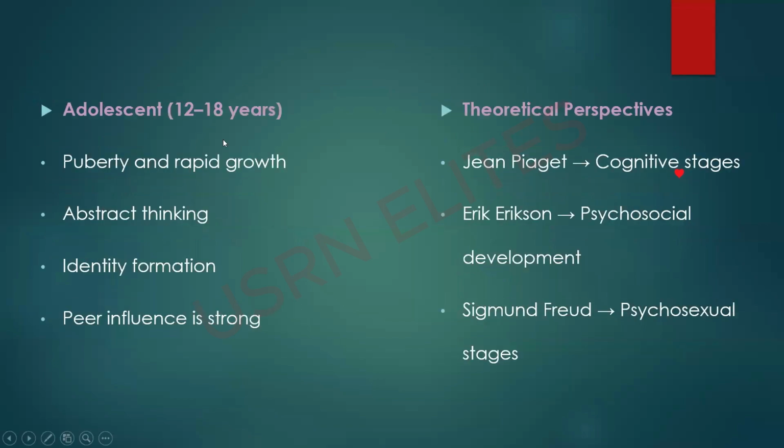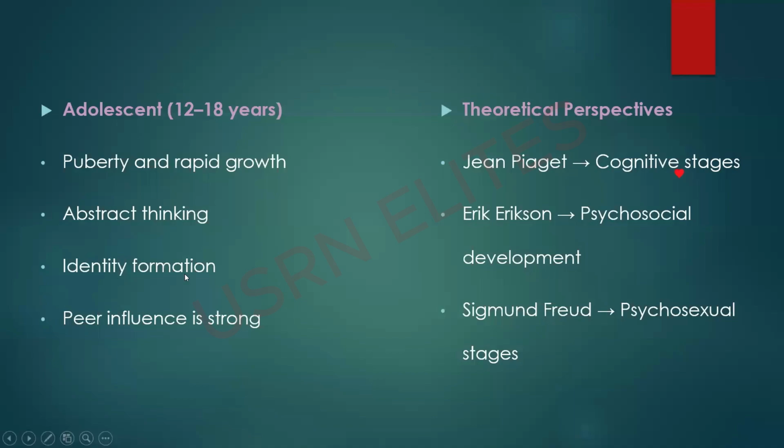All right, let's look at this one too. Adolescents, from 12 to 18 years. Over here, they're in their puberty age and growth is very rapid. Their thinking is very abstract.